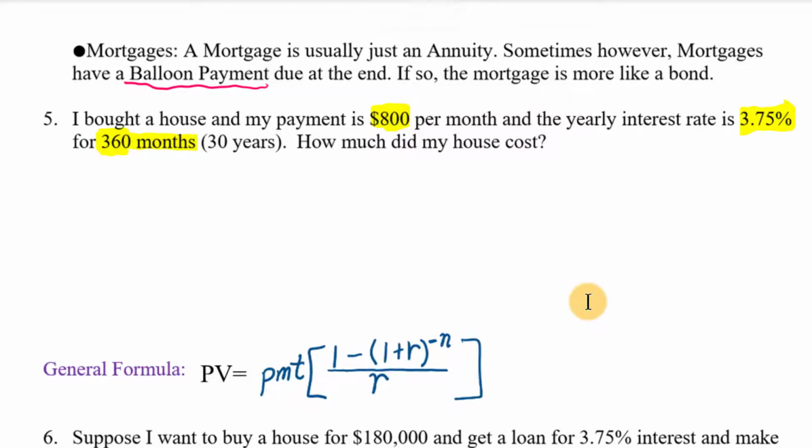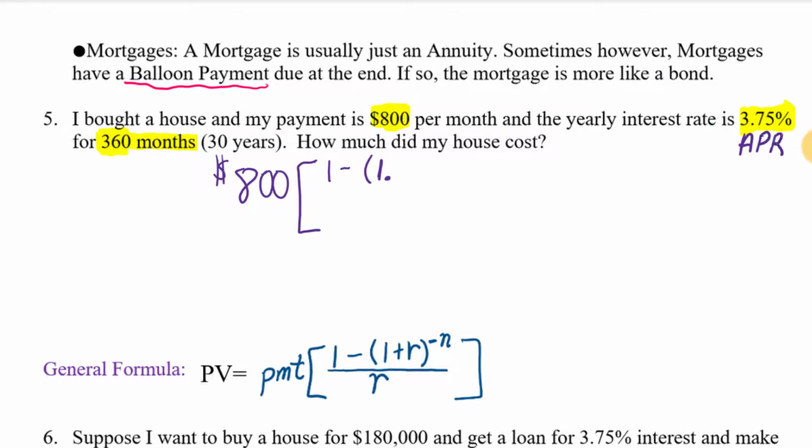Really, we're just plugging into the formula here. So first, the payment is $800 times this present value interest factor of an annuity formula, which is 1 minus 1 plus R. Okay, the interest rate is 3.75%, but that's not the interest rate we're going to put in this formula because this is an annual percentage rate.